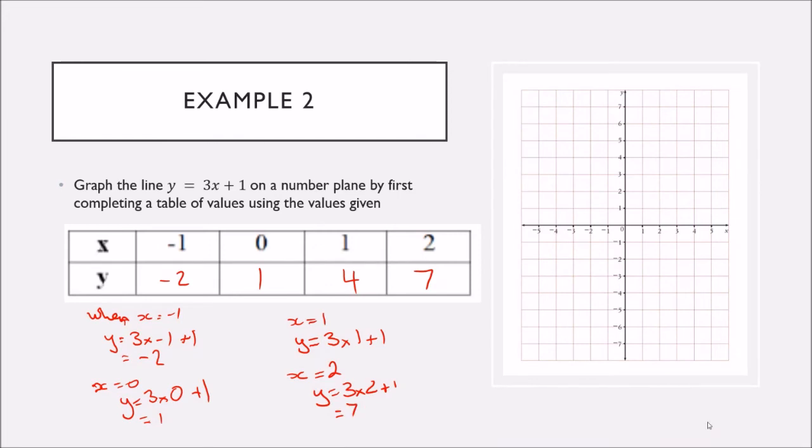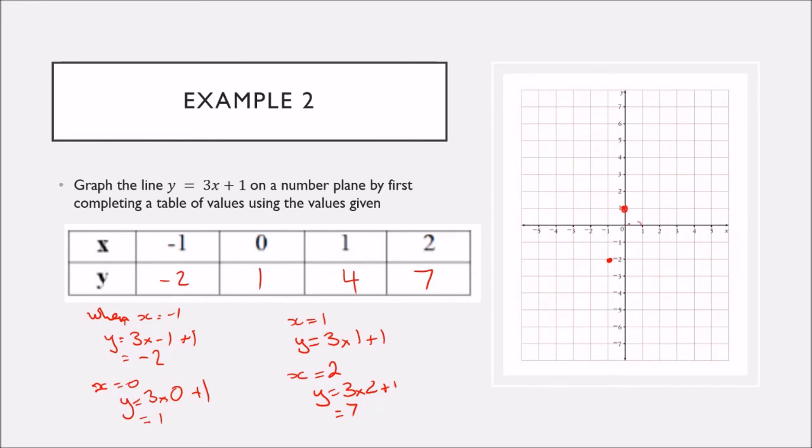So now what we want to do is actually graph these points on our number plane. Our first point goes across to -1 and then down to -2. So there's where our point is going to be. Our next one says we're going across 0, so we're staying here at the origin, but then we are going up 1. So our point is going to end up being here at the 1.